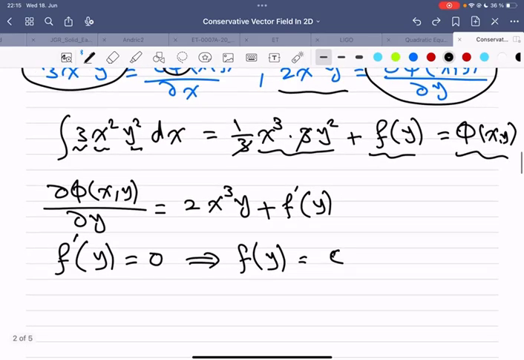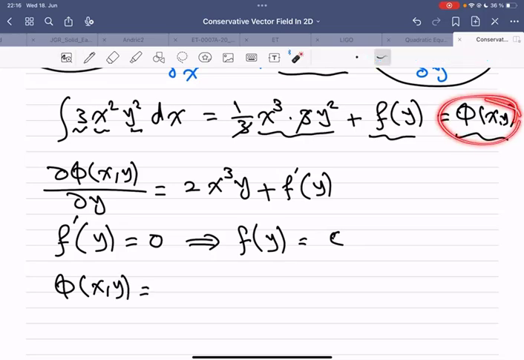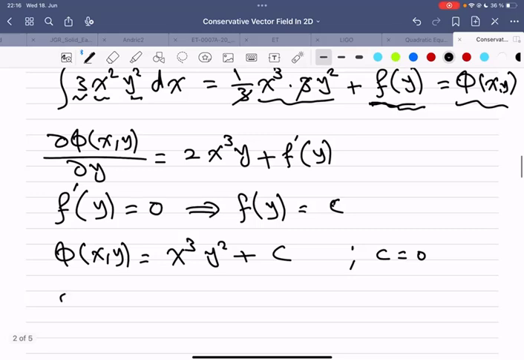So now phi(x,y) is x to the power 3 y squared plus f(y), which is c. We can put c equal 0 because c is constant. So in this case, phi(x,y) will be x to the power 3 y squared.